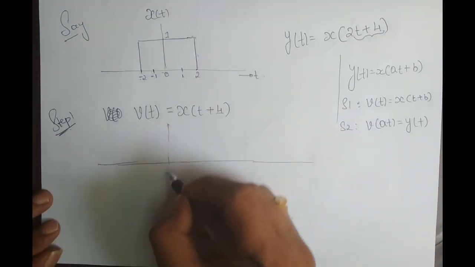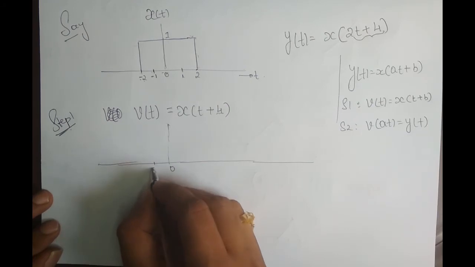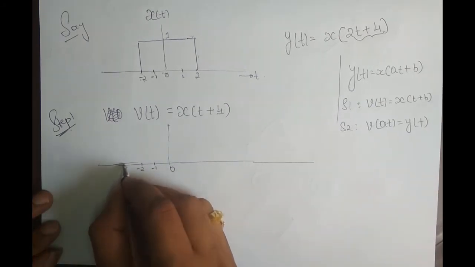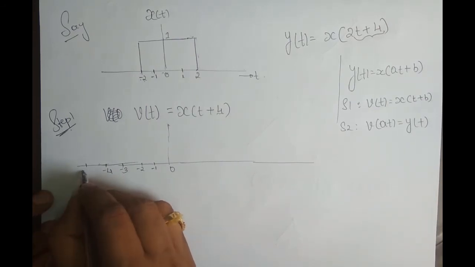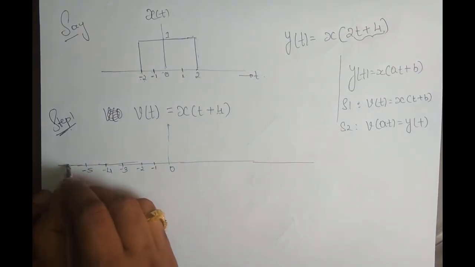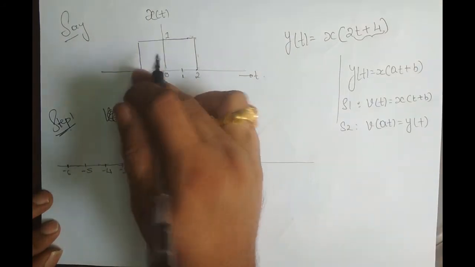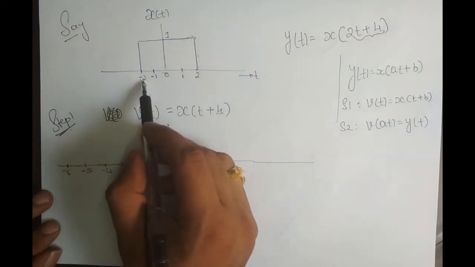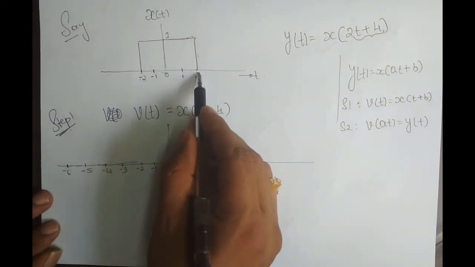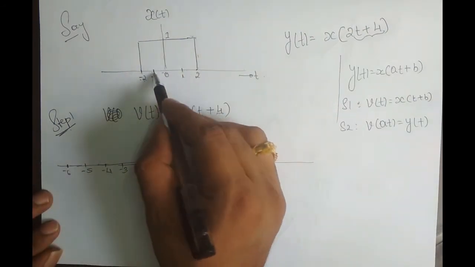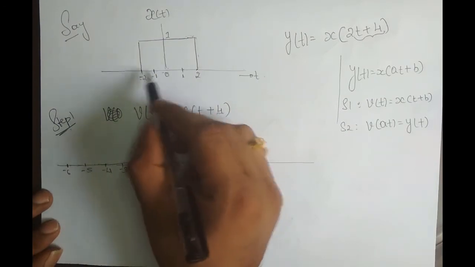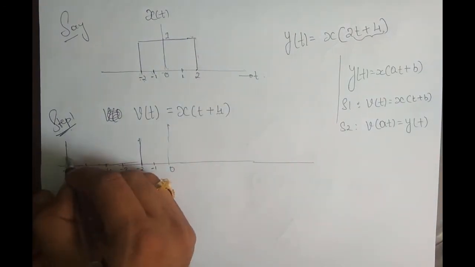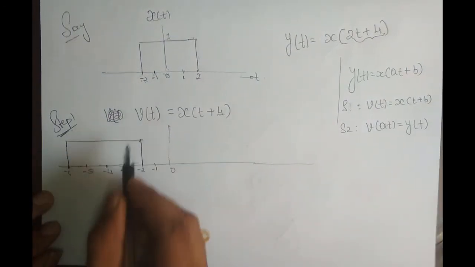So this is our origin 0. This is -1, -2, -3, -4, -5, -6. So this part of the signal comes at -2, and this comes at -6.